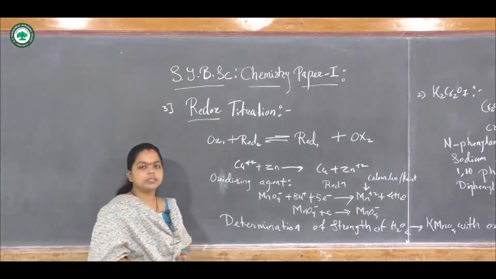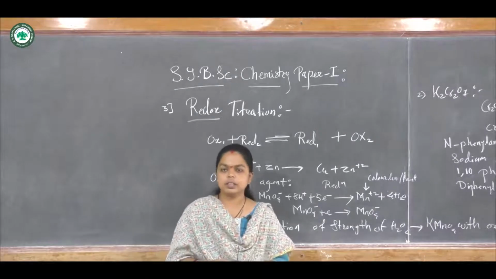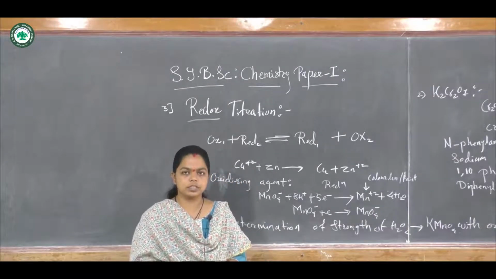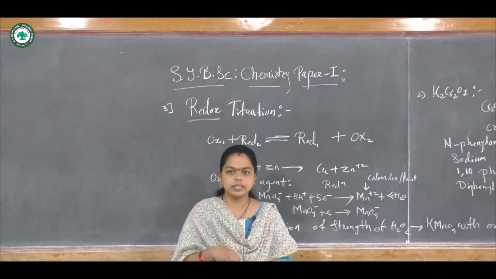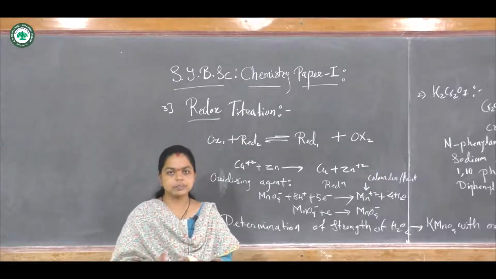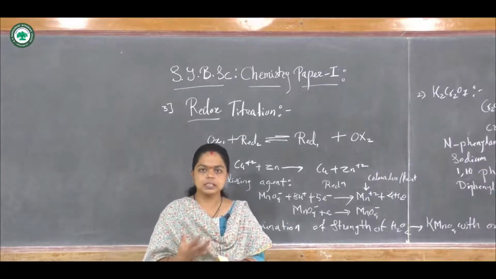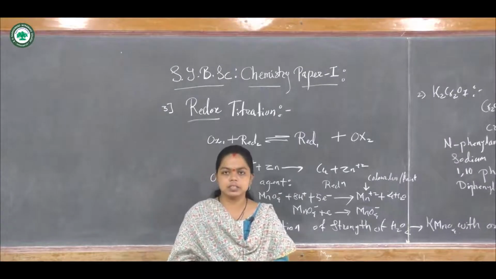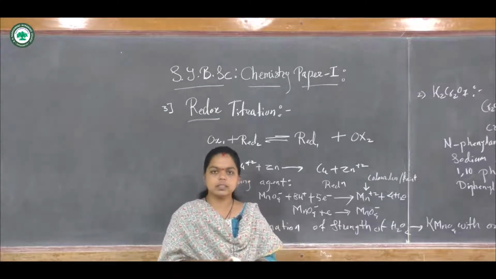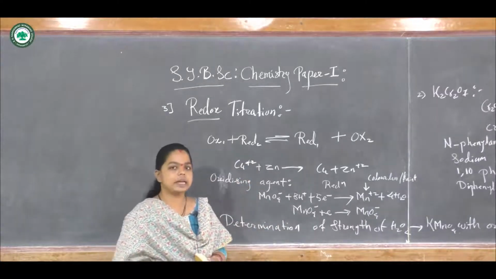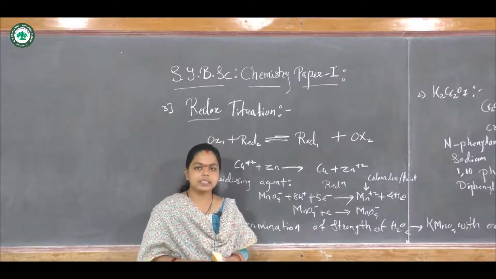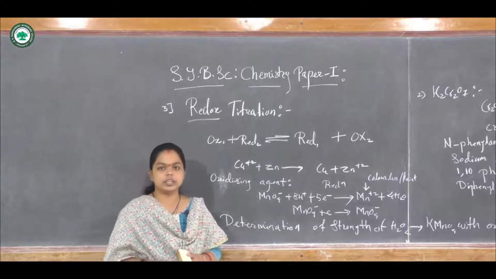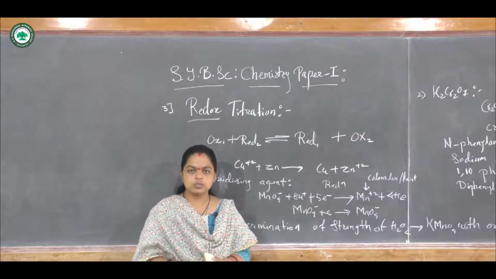Now this type of titration can be studied with a reducing agent and an oxidizing agent. When the reducing agent reacts with the oxidizing agent, simultaneous transfer of electrons takes place, that is, oxidation as well as reduction. So when we consider the redox reaction, oxidizing agents and reducing agents are used.